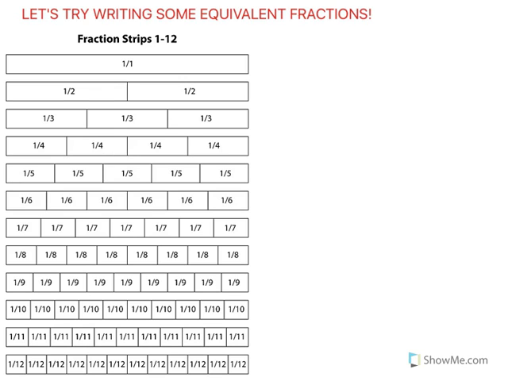Let's say we want to use our fraction strips to find all the fractions that are equivalent to 1/2. So first thing we have to do is shade in 1/2 on our model. So I'm going to go to where I see a 1/2, and I'm going to shade that in.